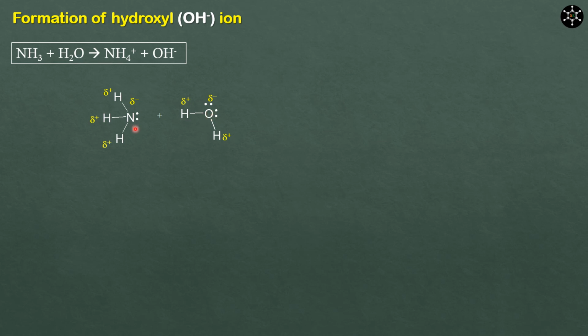The lone pair of electrons on nitrogen in ammonia attacks the positive hydrogen of water, resulting in the breaking of the OH bond. This gives us ammonium ion and hydroxyl ion. In the ammonium ion, the newly formed NH bond electrons are given by nitrogen alone. So, this NH bond is recognized as a coordinate covalent bond.